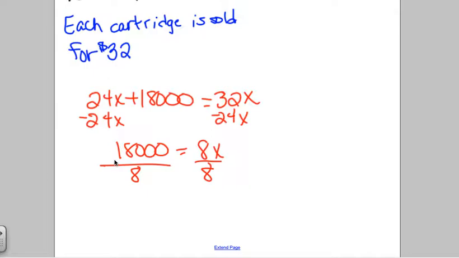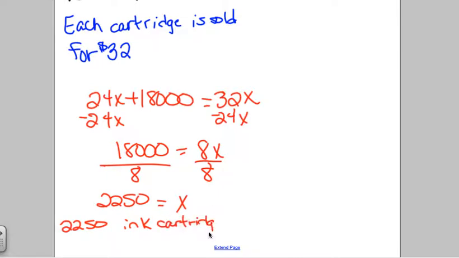So 18,000 divided by 8 gives me 2,250. That means, no, sorry, that's not money. That means that I would have to sell 2,250 ink cartridges.